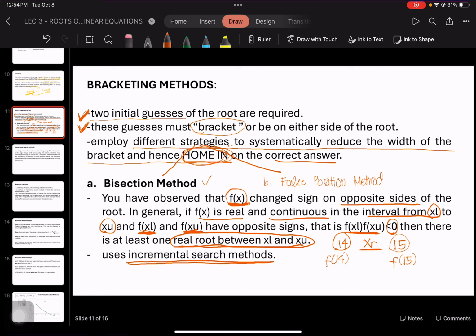So, that is when we compute for f of 14 and f of 15, they will have opposite sign. Like, pwede yung isa positive and then pwede yung isa negative. Okay, or when we multiply, positive times negative, it's less than 0. So, yun yung criteria to make sure na nandoon talaga sa loob ng bracket yung root natin.